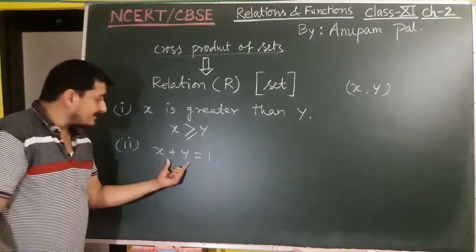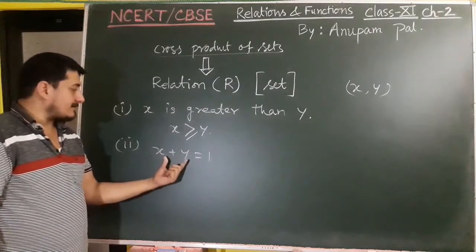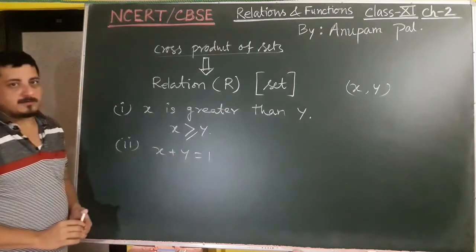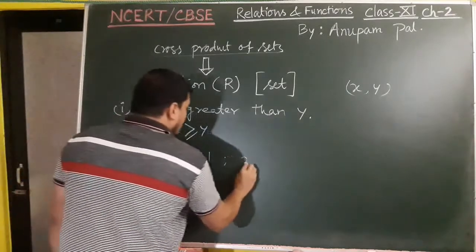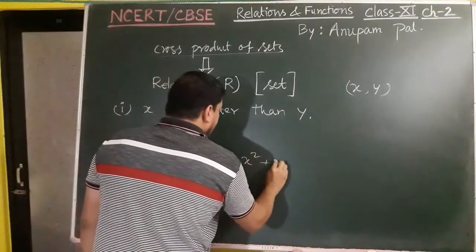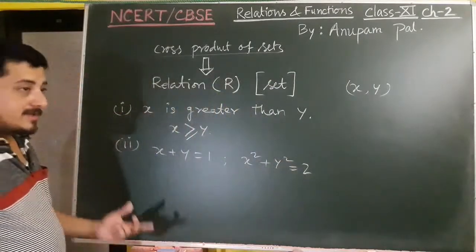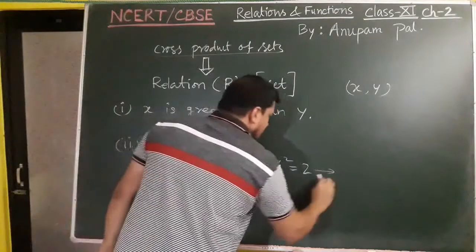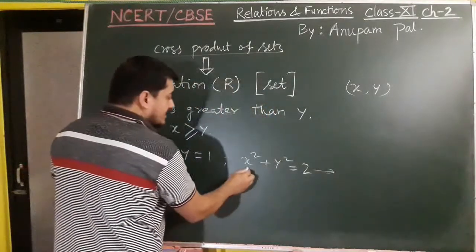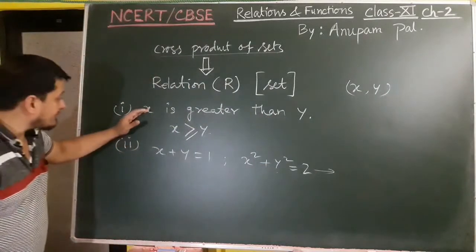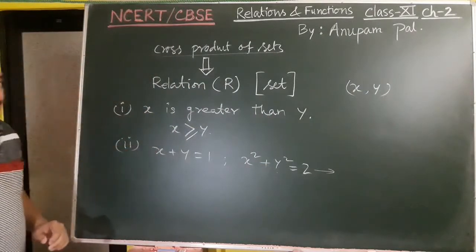So what does this indicate? This equation indicates the relation between x and y. Or if I write, suppose, x square plus y square is equal to 2, this equation also indicates the relation between x and y. This is the way we write the relation.